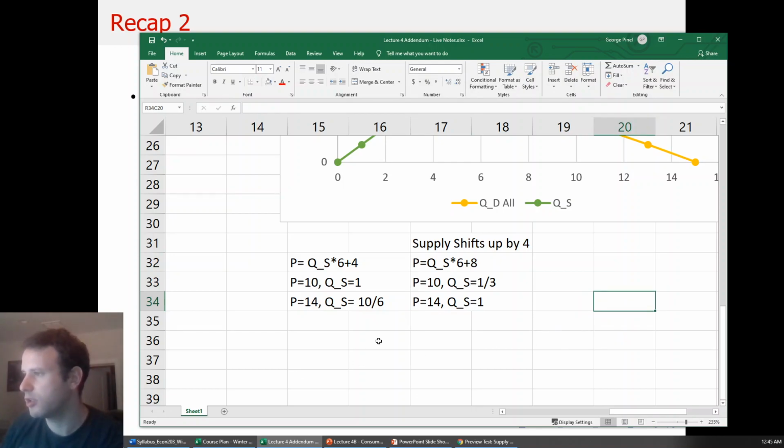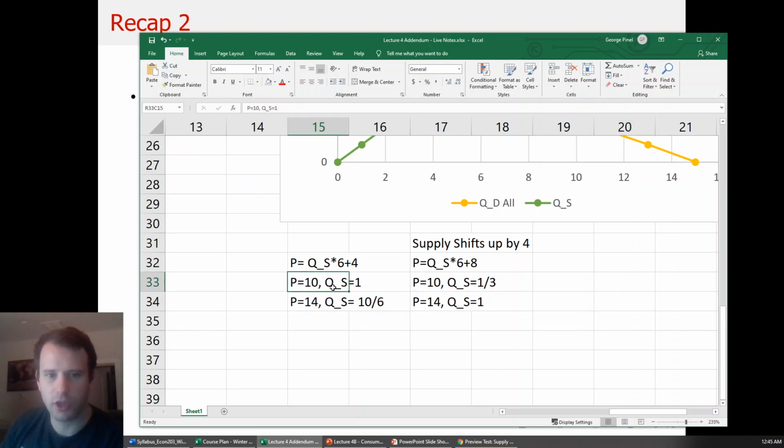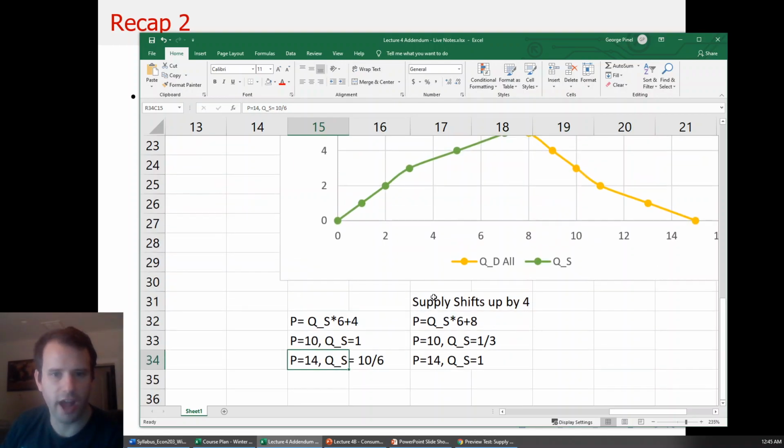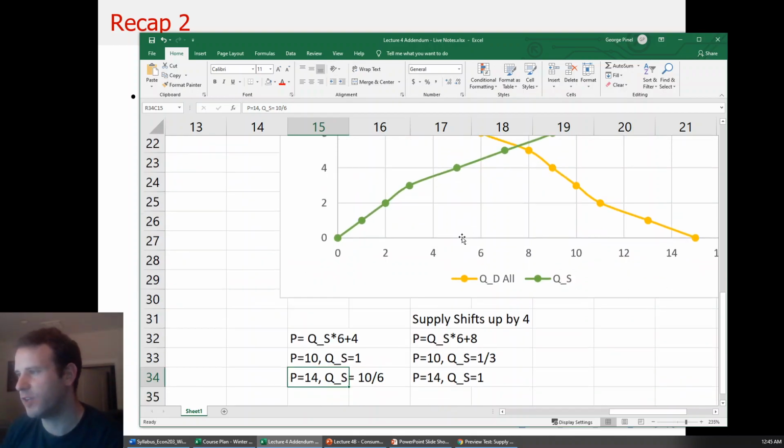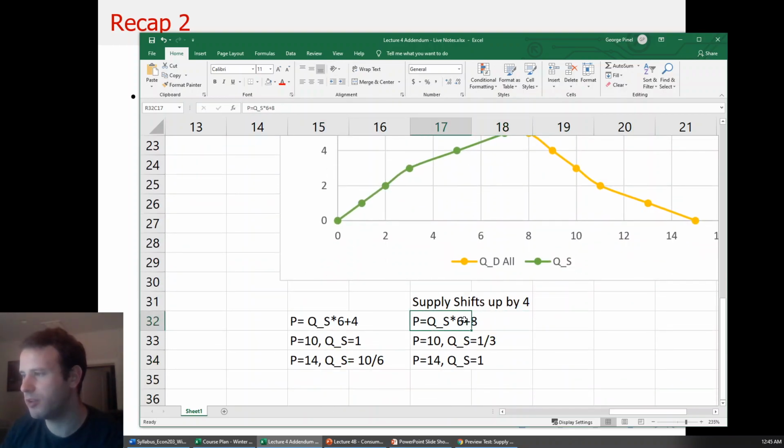Notice that for the same prices, the quantity has gone down. And it doesn't go down by 4. It goes down by however much this shift will be. It's basically going down vertically, so the slope matters in this case. If it were QS times 1, then it would be exactly down by 1.